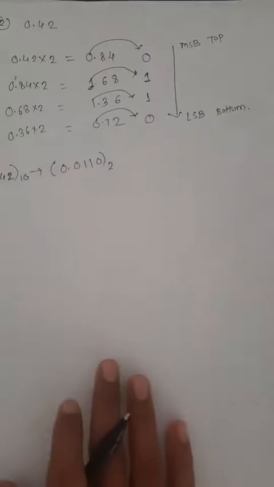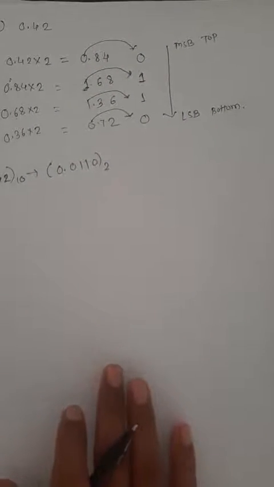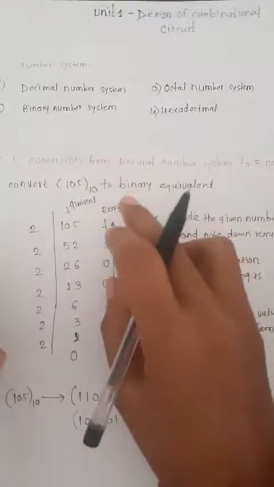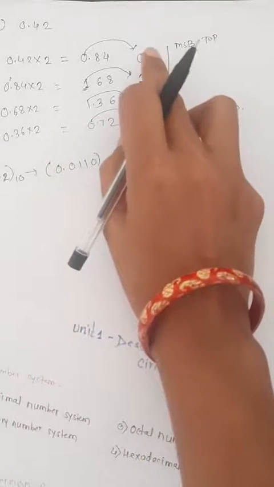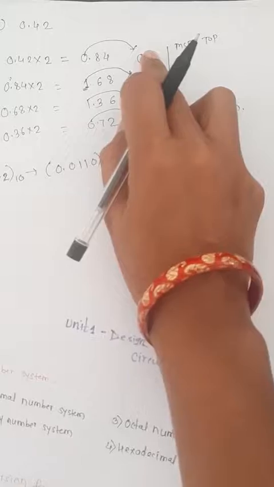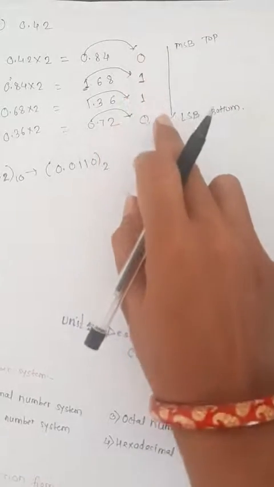In the integral part the answer will be the remainder from bottom to top, and in the fractional part the answer will be the noted carry, but from top to bottom.